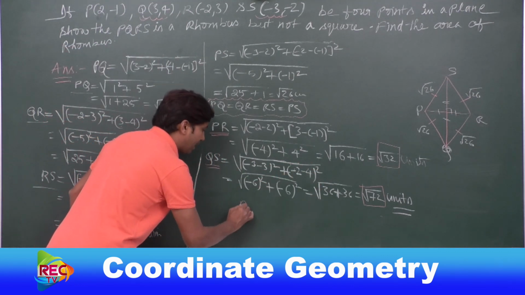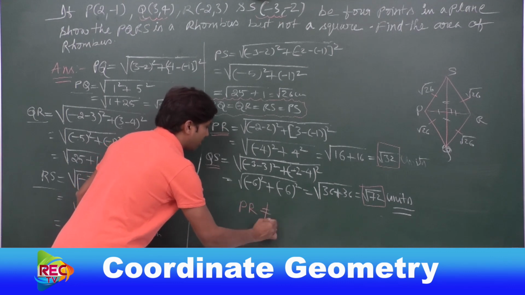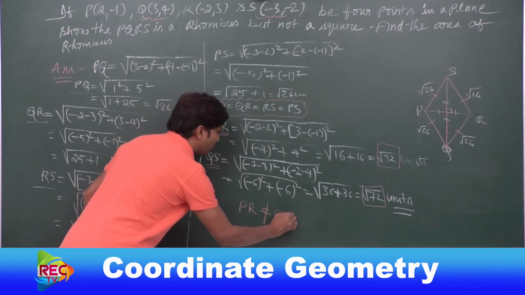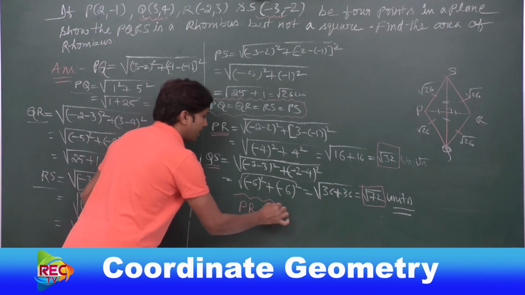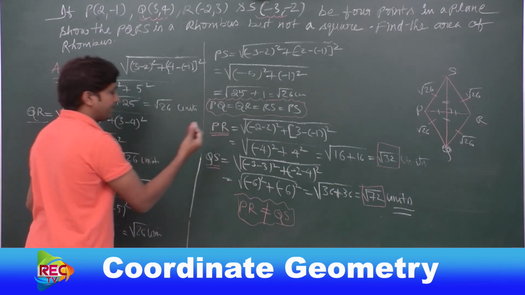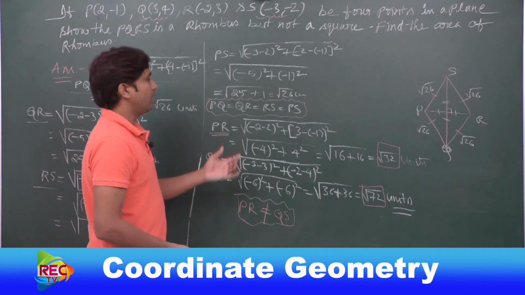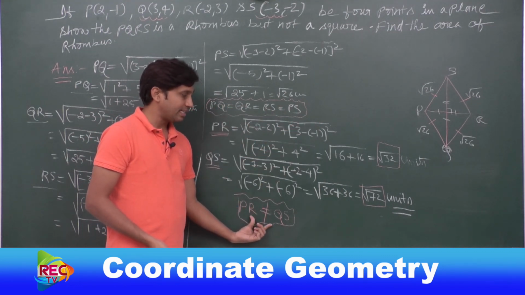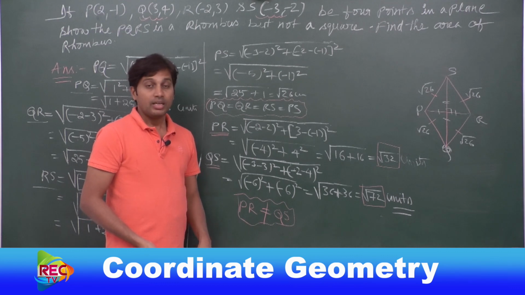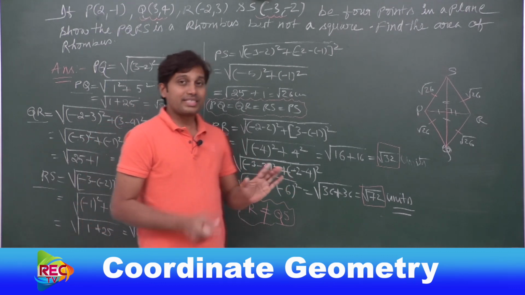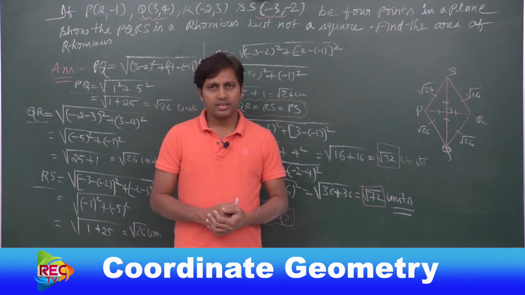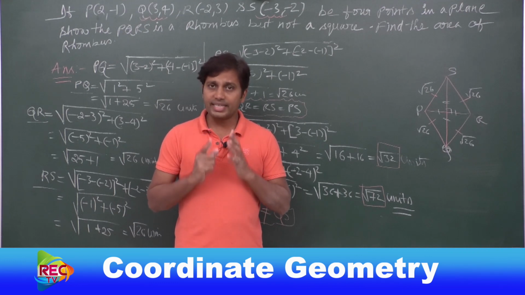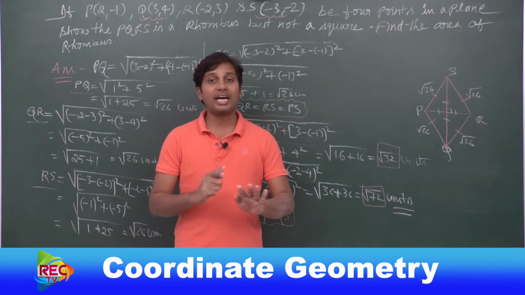So here PR is unequal, means not equal to QS. Now we obtained two properties. One is all the sides are equal, but we got diagonals unequal. So now it's a rhombus, because for a rhombus all the sides are equal and diagonals are unequal.